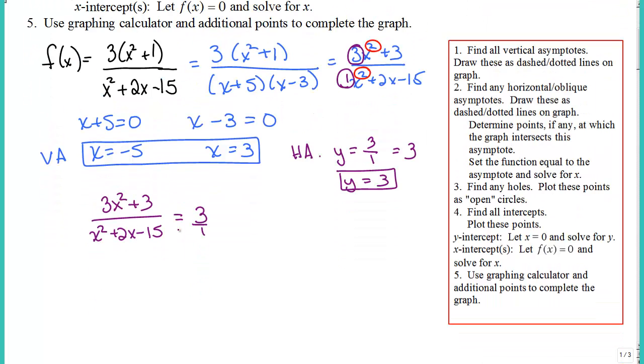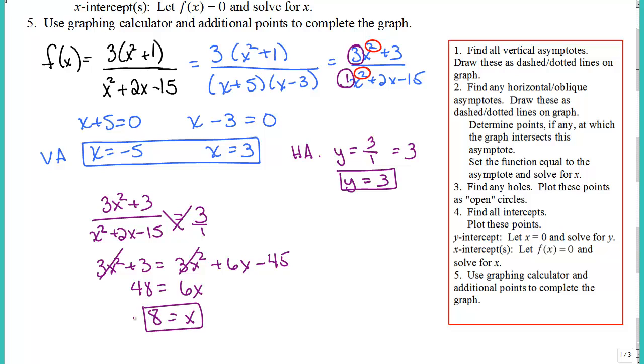So we're just going to cross multiply and solve for x. Which means it does cross the horizontal asymptote when x is 8 and of course y is 3. And I want to make sure I put that point on my graph.